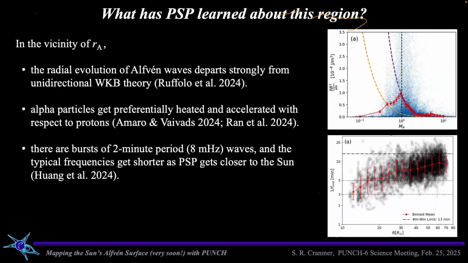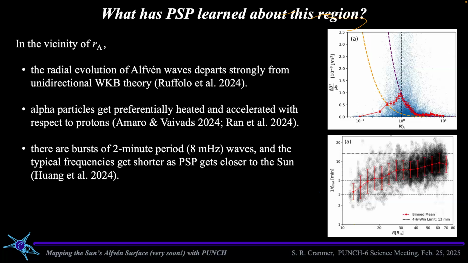There's been a lot of interesting things learned about this region from Parker Solar Probe. We've learned about the Alfvén waves and how they evolve radially, and how they depart from some typical expectations of how waves behave in a homogeneous plasma. We've measured things like the alpha particles and found local maxima in some of their interesting non-Maxwellian properties around the Alfvén surface.